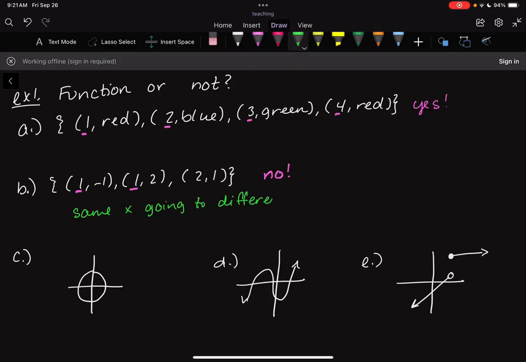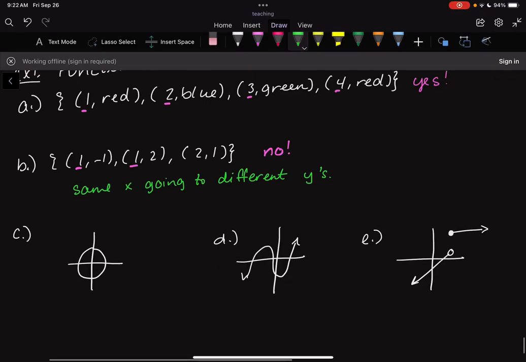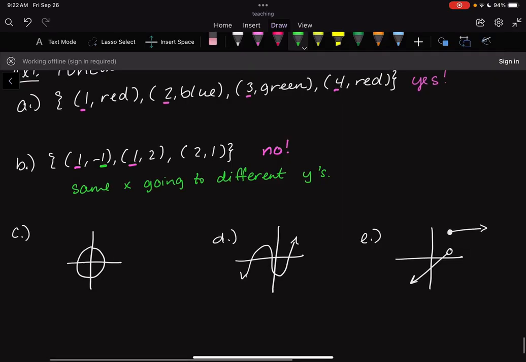So that is why this one is not allowed. Now let's say that I had just repeated the point, like I wrote (1, -1) and then I wrote (1, -1) again. That would be okay, even though it's repeating. If it's going to the same y value, it's all right. The problem is that it's going to different y values.